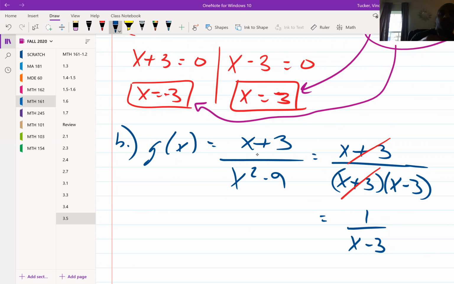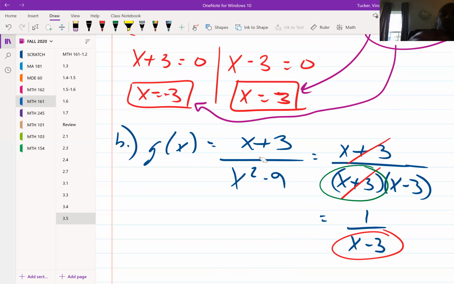So this x minus 3 will produce a vertical asymptote. But this x plus 3, we still have to give an account for, and I'll do that before we close out this example.